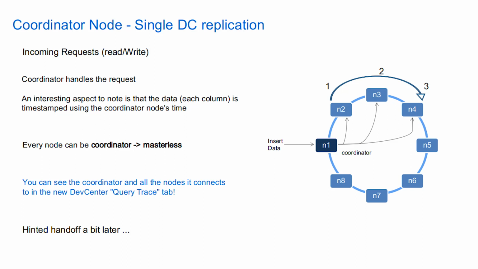The other important aspect that we need to keep in mind is whenever we are giving data to Cassandra, Cassandra will use the timestamp of the coordinator and attach it to the record. And why is this important? Consider a situation where you are looking at inserting exactly the same record from two different nodes.